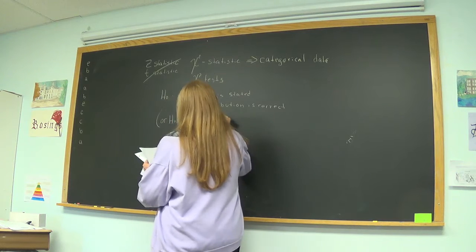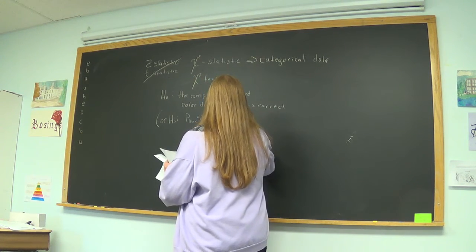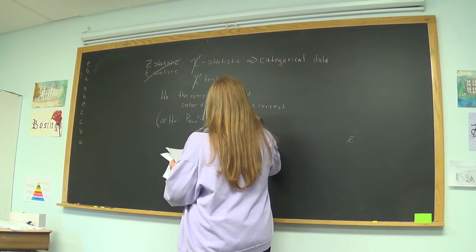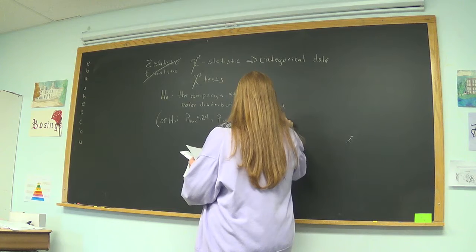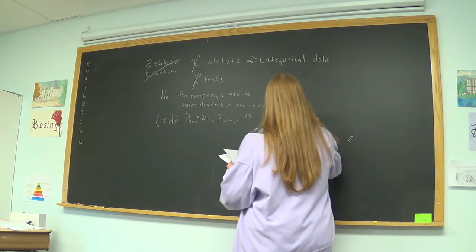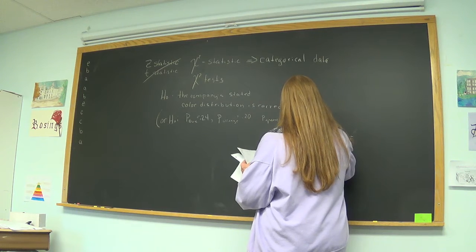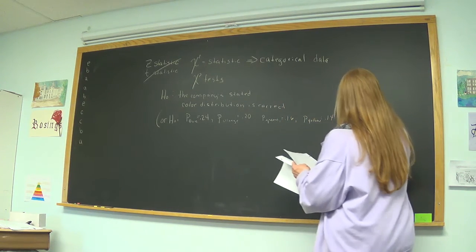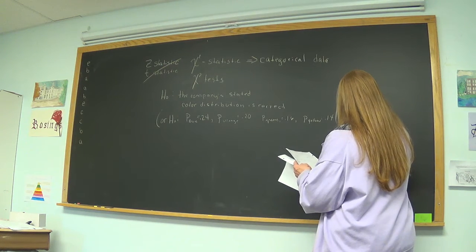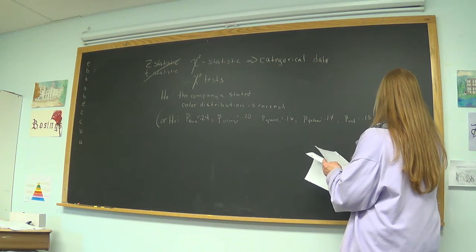The proportion orange, read them to me again, Maggie. 0.2. Proportion, what's next? Green. 0.16. Keep going. Yellow. 0.14. Red is 0.13, and Brown is 0.13.